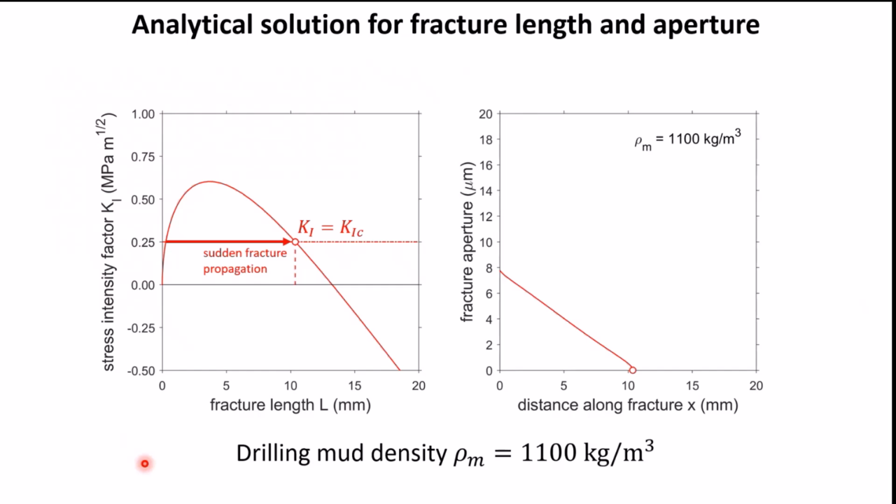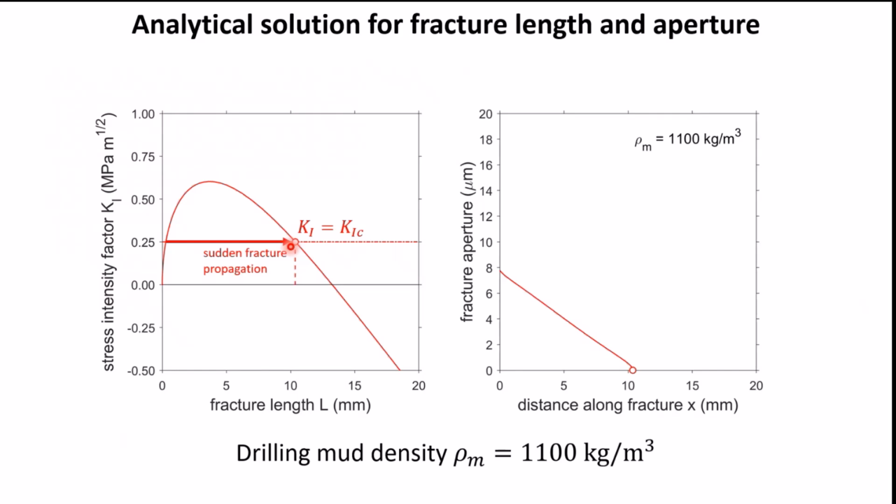And I'm showing this here, plotted these equations. So this is the stress intensity factor as a function of fracture length. And on the right-hand side, the fracture aperture. So what it shows is that you just need a tiny initial flaw, and then you get sudden fracture propagation until you hit the stress intensity factor line there.